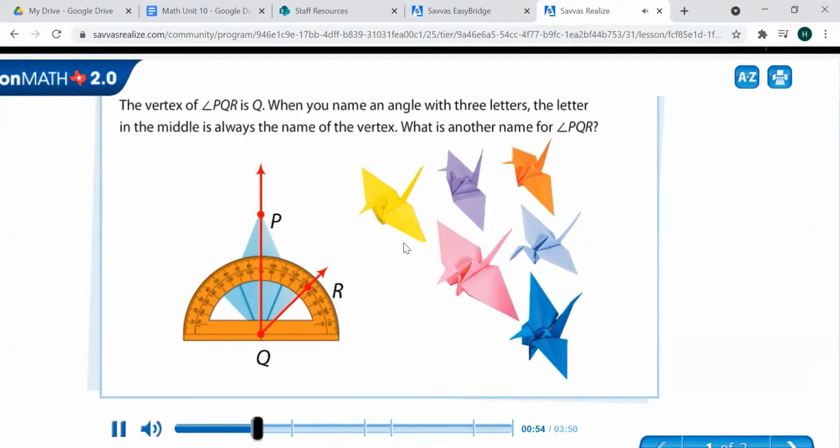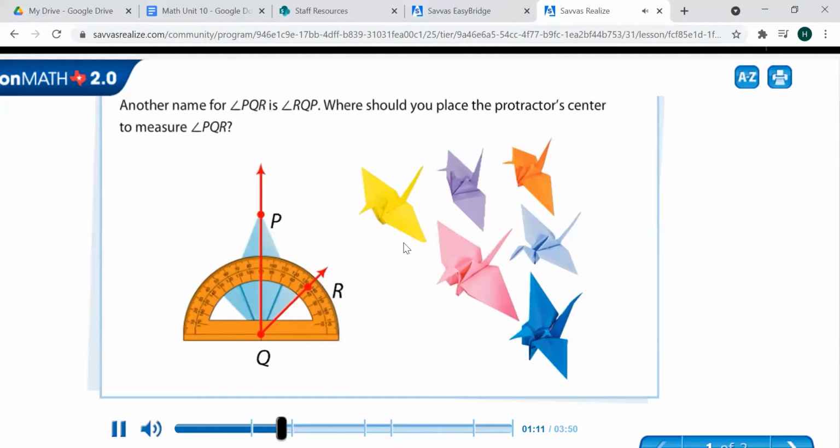The vertex of angle PQR is Q. When you name an angle with 3 letters, the letter in the middle is always the name of the vertex. What is another name for angle PQR? Another name for angle PQR is angle RQP. Where should you place the protractor center to measure angle PQR?